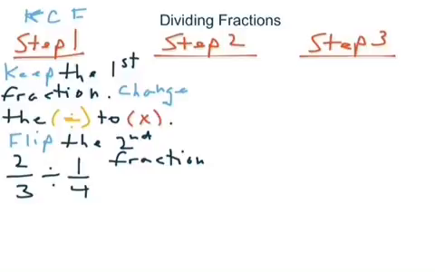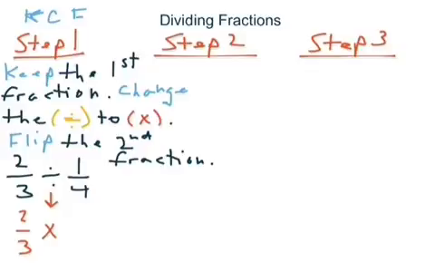So here's the example. Here's what that looks like. 2/3 stays. That's my keep the first fraction. So I'll rewrite it just like this, 2/3. But now I need to change the division sign to multiplication. The third thing I'm going to do is flip the second fraction.